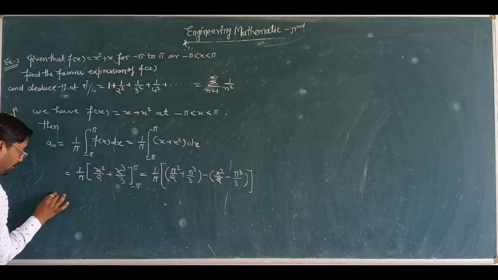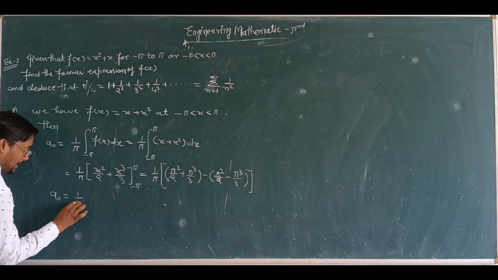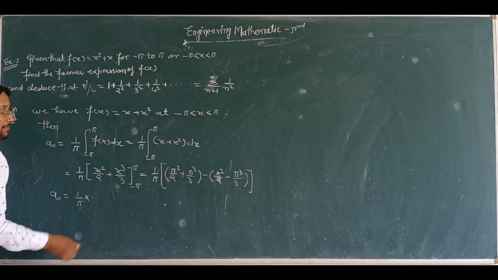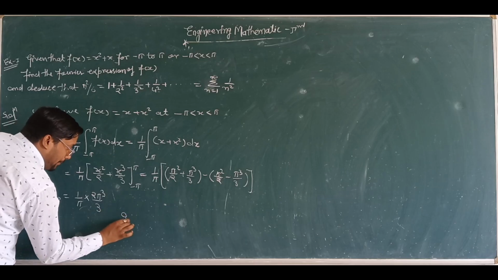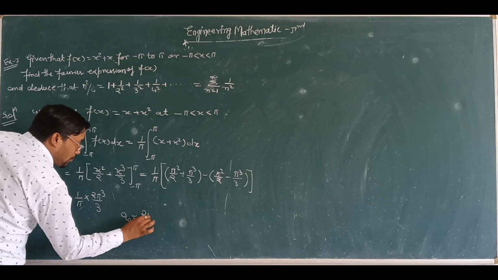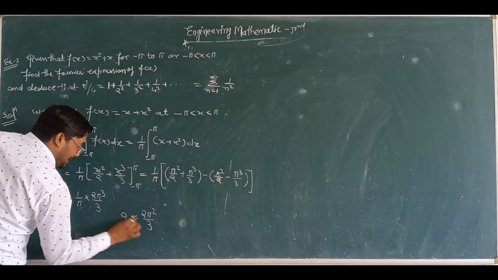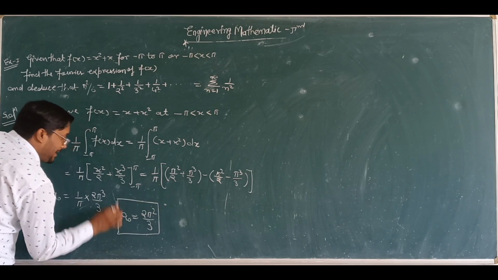Now the value of a naught is 1 by pi into 2 pi cube upon 3, so a naught is equal to 2 pi square by 3. This is the value of a naught.